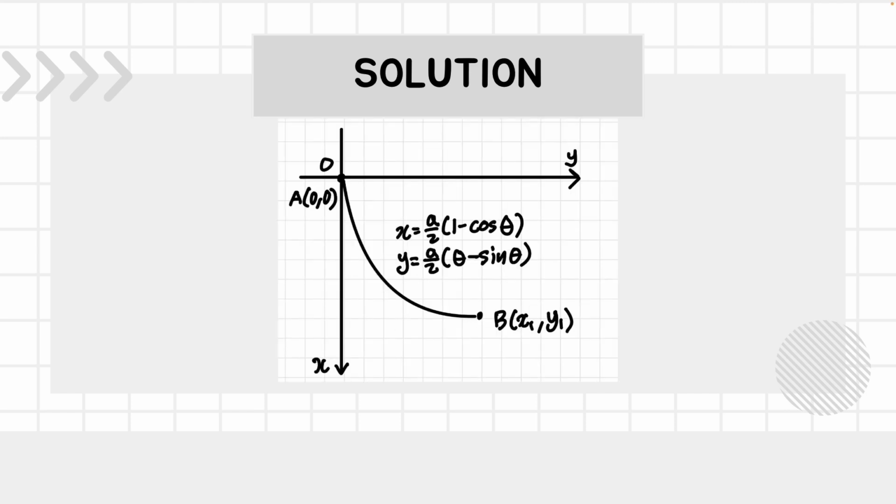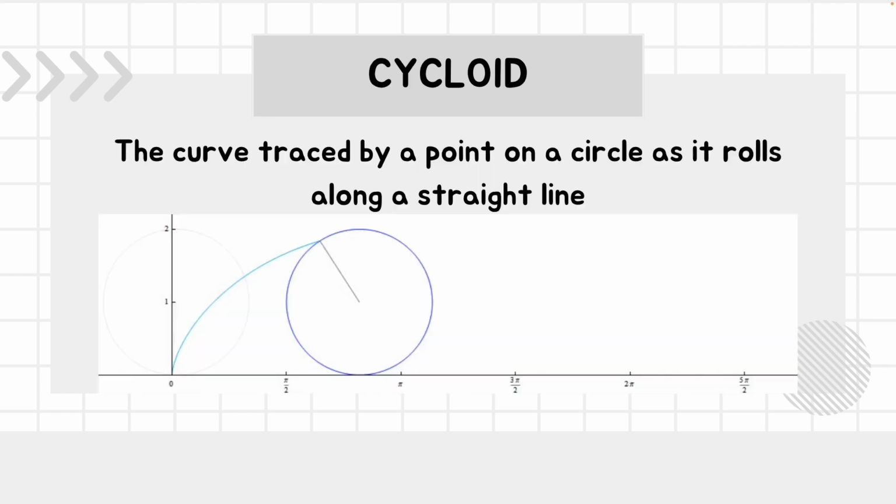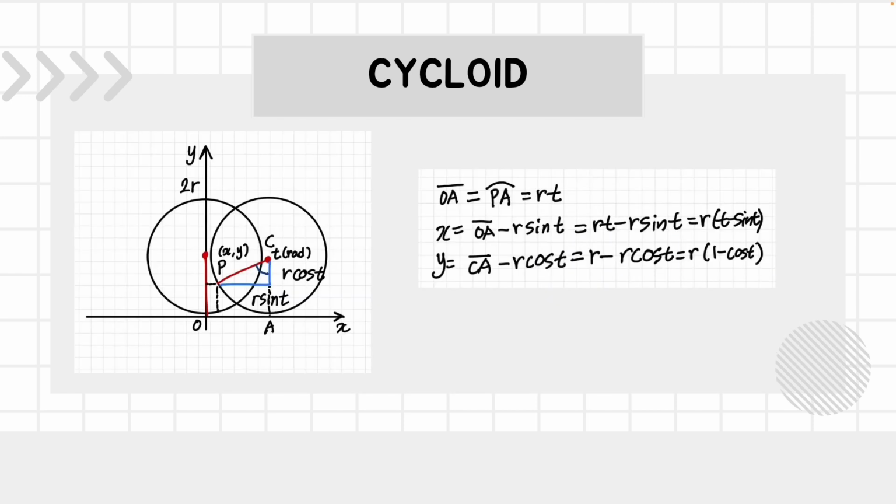If we plot this curve based on the x and y, we get something like this curve, which is called a cycloid. A cycloid is a trace left by the vertex of a circle when it is rolled over a straight line. Let's take a look at the equation of the cycloid. Let's say the center of the circle is C, and let the angle ACP be T. Also, let's let the coordinates of the point P be x, y.